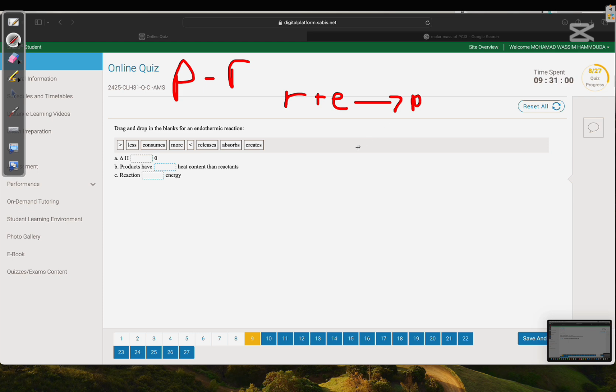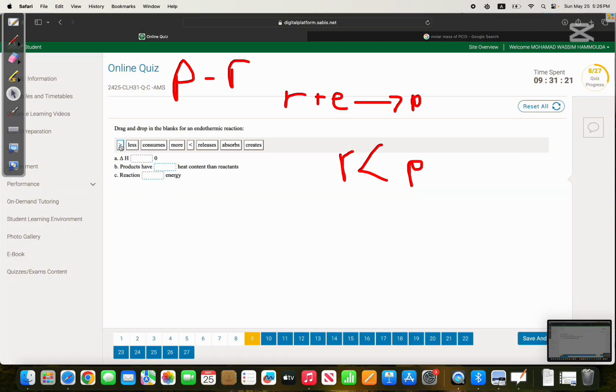So that means the energy of the reactants alone is going to be less than the energy of the products. Since we're doing product minus reactant, and the product is greater, delta H will be positive, which is basically greater than 0. As I said, products will have more heat content than reactants, and the reaction absorbs energy.